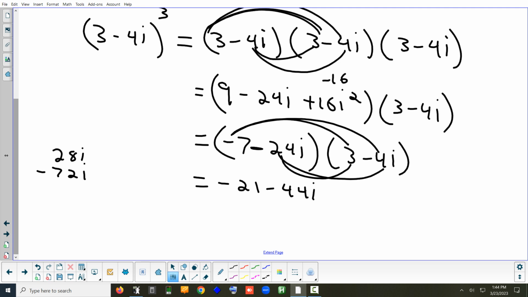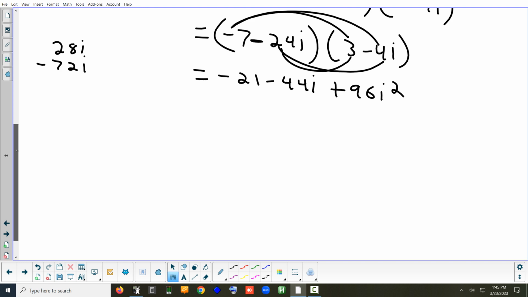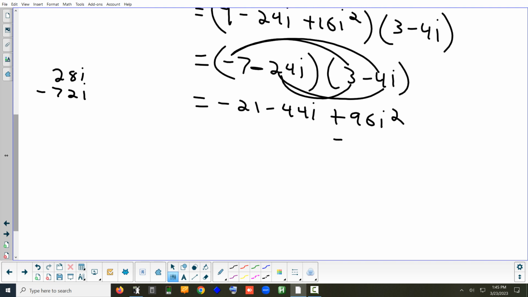And then the last part, negative times the negative is going to give me positive. What's 24 times 4? 96 i squared. But 96i squared is really what number? Negative 96. Just put that in parentheses because that's what it is.